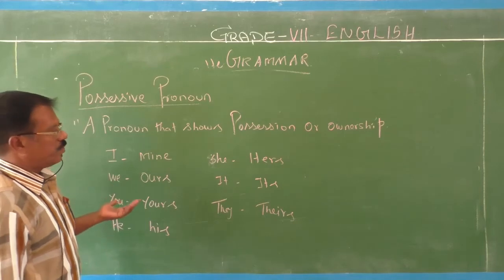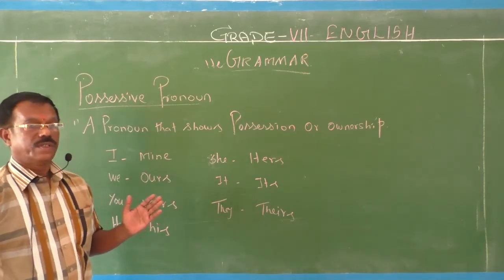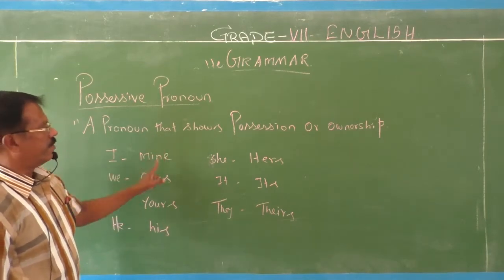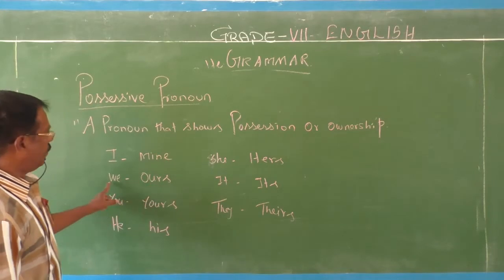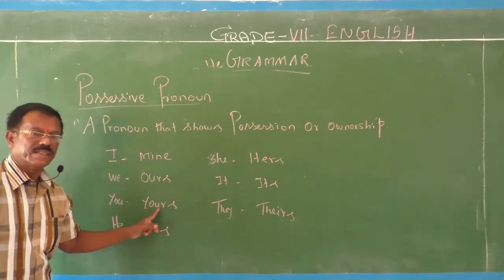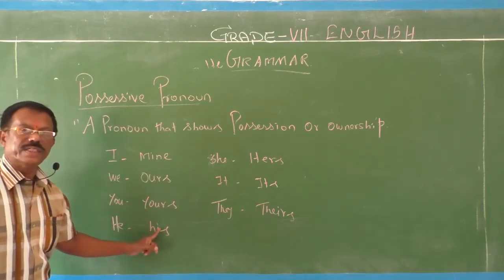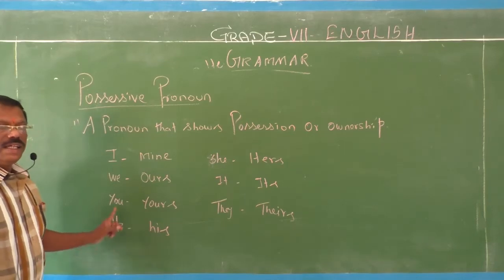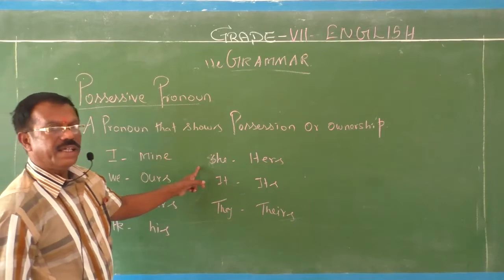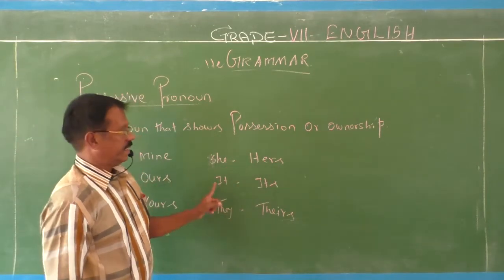You don't confuse these possessive pronoun with the possessive adjectives. Okay. I, me, my, mine. We, us, our, ours. You, your, yours. He, him, his and his. She, her, hers.